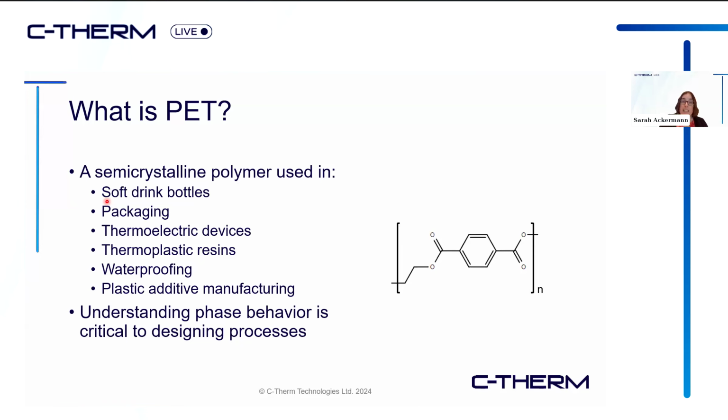It's used as a plastic additive and thermoplastic resins for waterproofing, etc. This is an incomplete list of the places where it is used. But regardless of where it's used, the phase behavior is really critical to designing the process that you're using this material in.